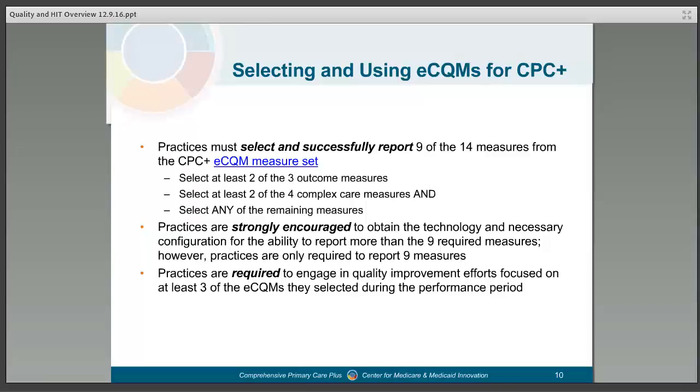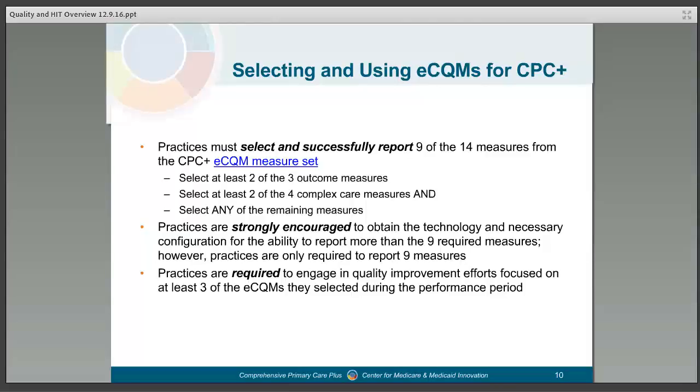Well, the idea is that throughout the model, you can change those 3 that you're focusing on. What we're trying to do is encourage practices to pick at least 3, because what we found from our experience and from the clinical advising that we've received from primary care clinicians who help us with this model, is that more than 3 gets to be a bit much for practices.